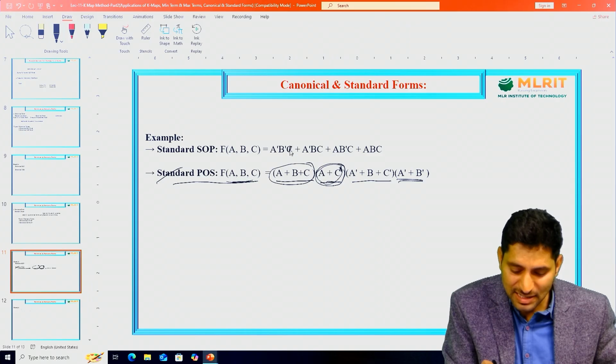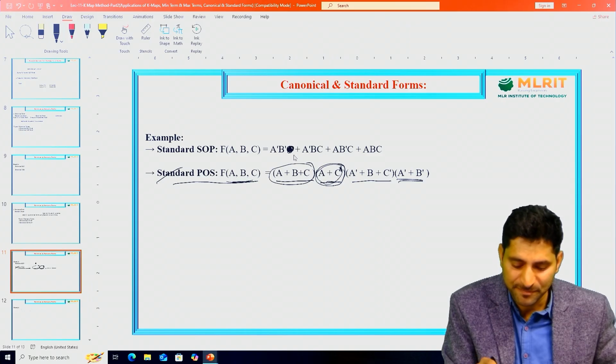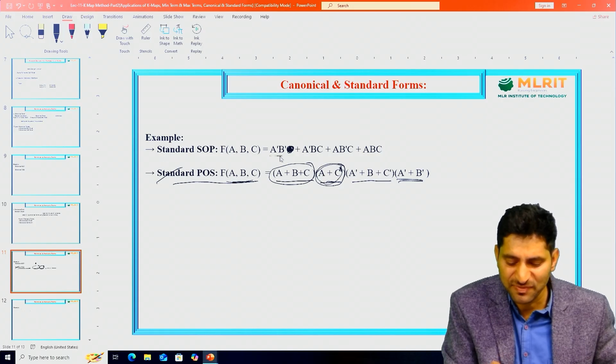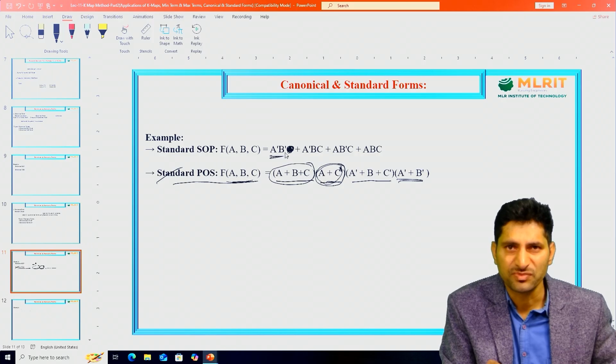Here, some typing mismatch is there, so I am rubbing this out. Standard SOP form: if you take the first term, the C variable is not there, so I can say this is standard SOP form.